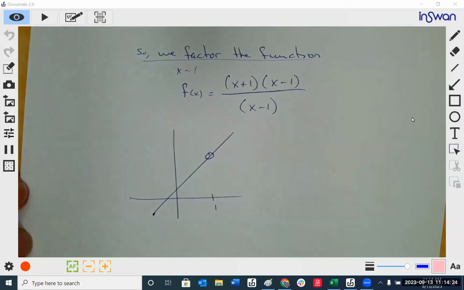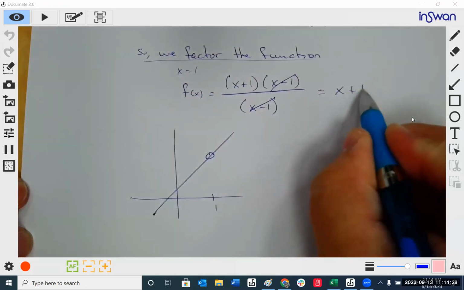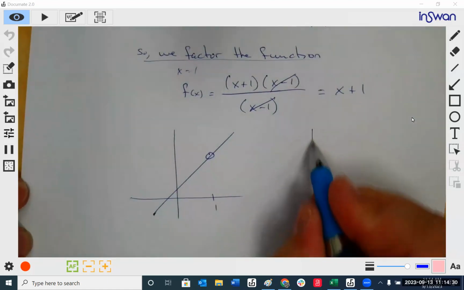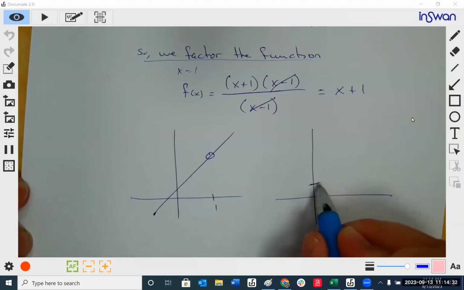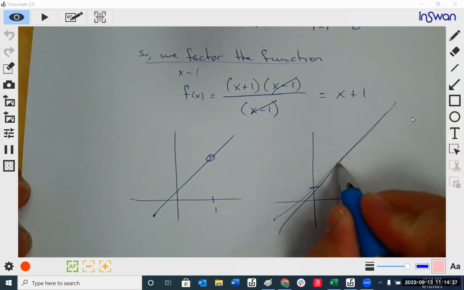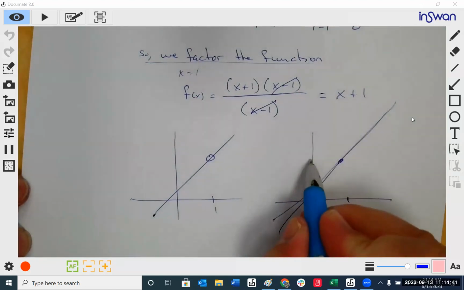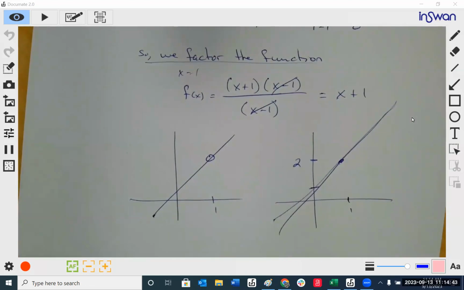But if we get rid of those factors, this function at 1 now has a point. It equals 2.